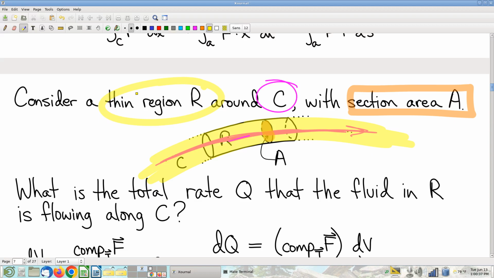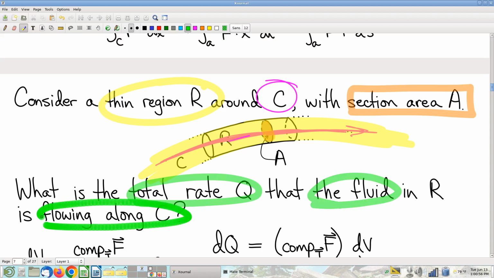Okay. Now here's the weird question. If I were to look at all of the fluid in that region R, all of that yellow fluid, what is the total rate that the fluid is flowing along the curve? Now, what a strange question. When I say total, I mean, first of all, all of the fluid.